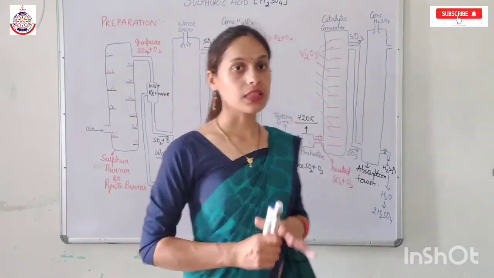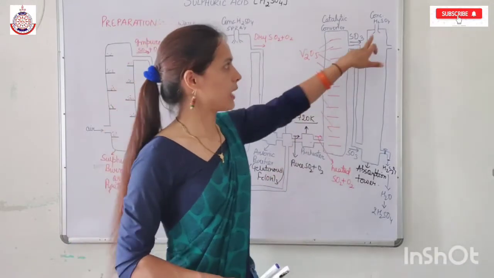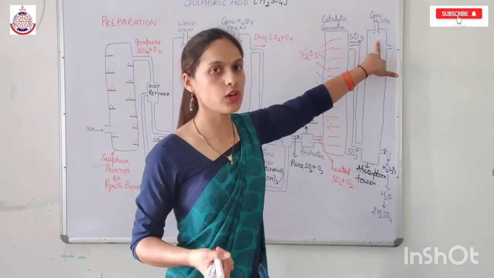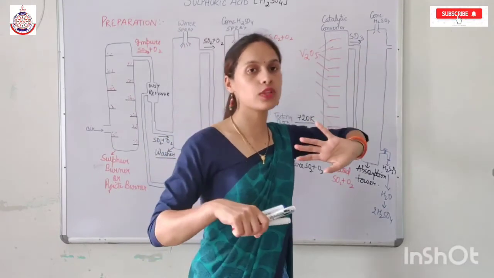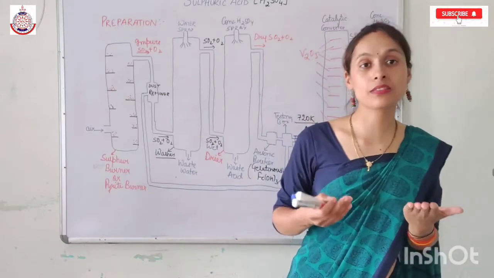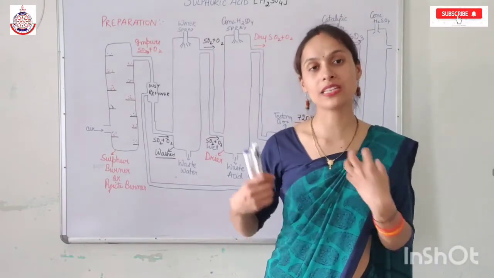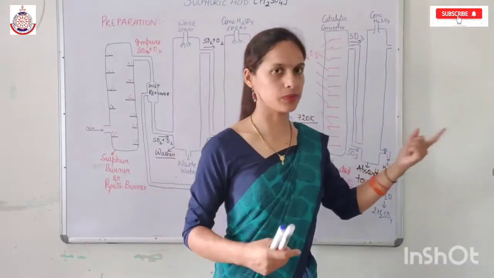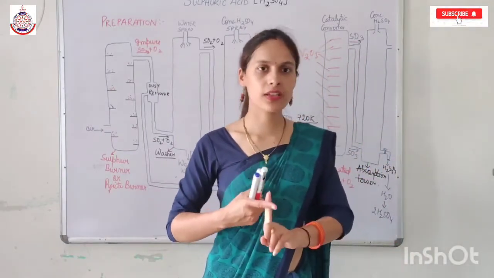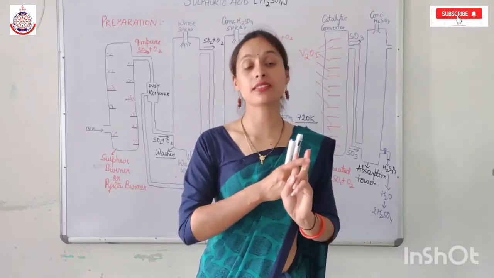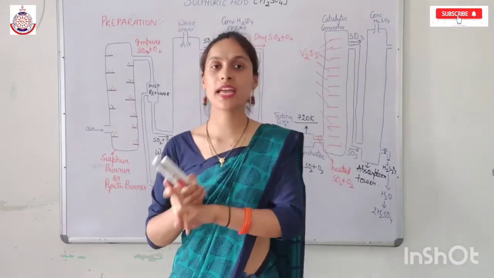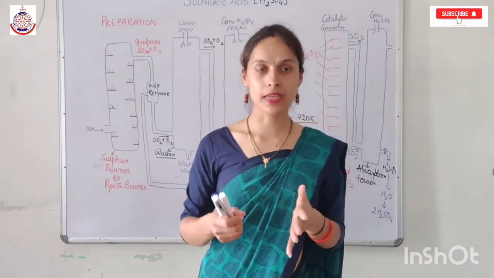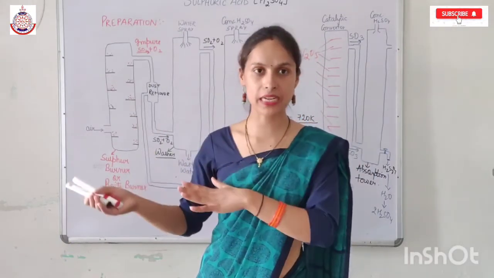In industry, these two steps, the absorption of SO3 by H2SO4, meaning the formation of oleum, and the dilution of the oleum, take place simultaneously to save time and cost. The first step, the formation of sulfur dioxide, and the second step, the catalytic oxidation of sulfur dioxide to sulfur trioxide, occur separately.